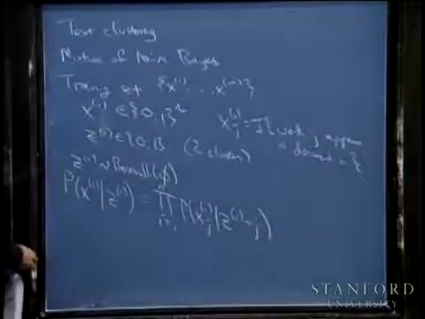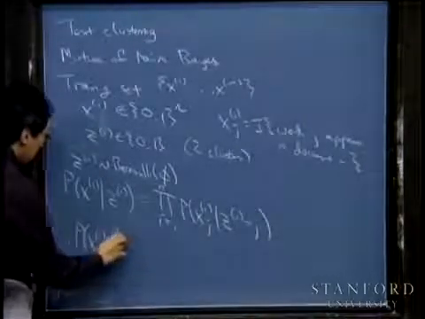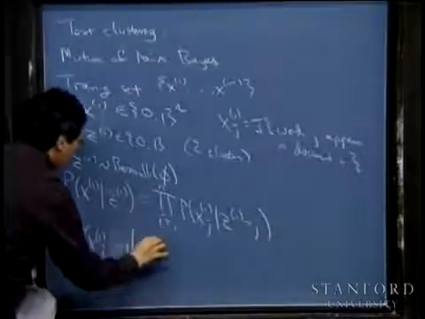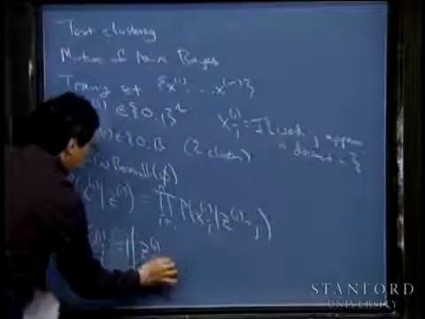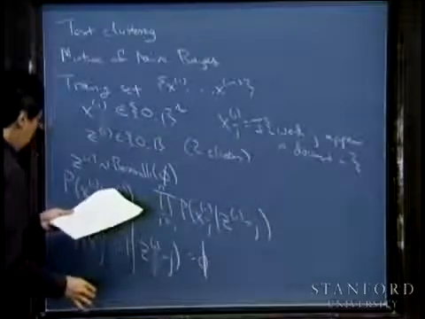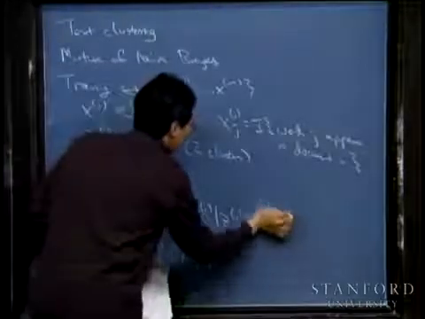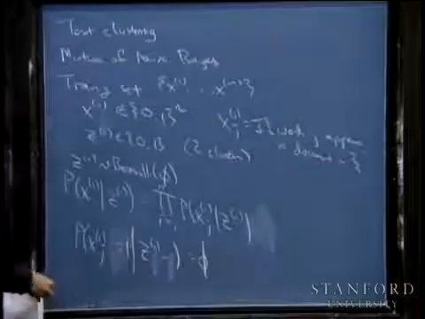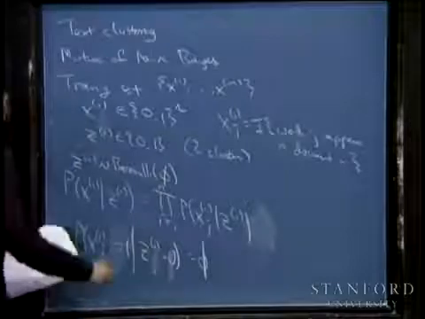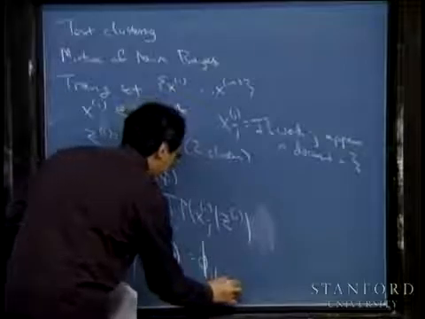And more specifically, the probability of xi j equals 1 given zi equals, say, 0 will be given by a parameter phi subscript j given z equals 0.